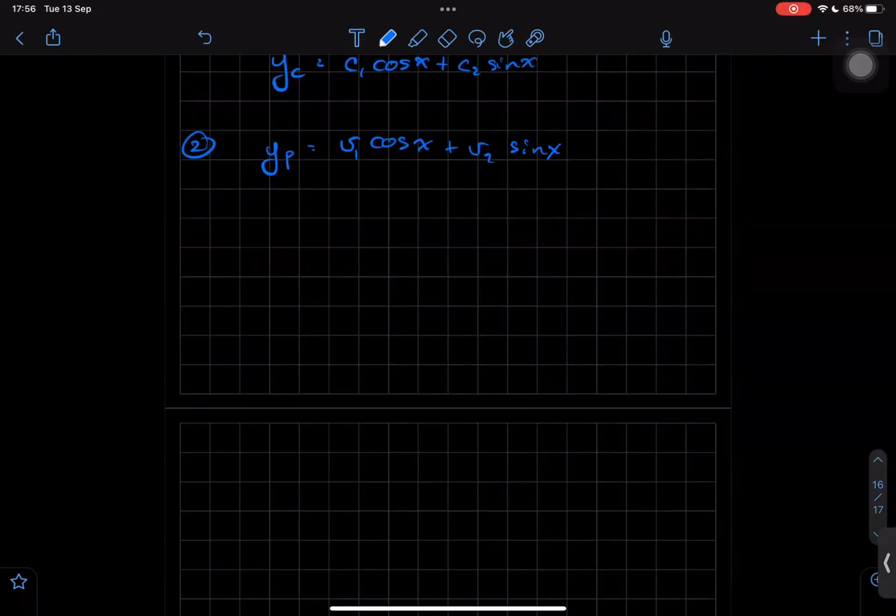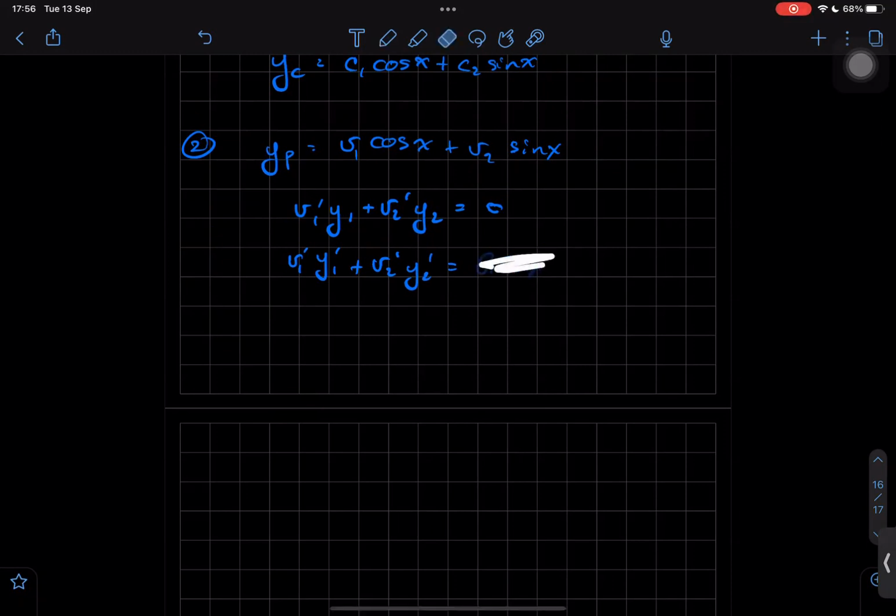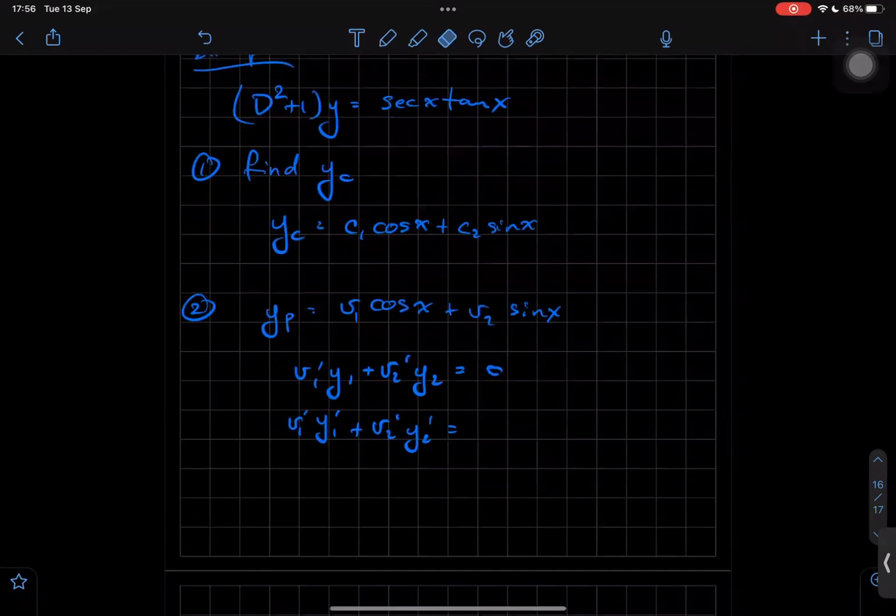One is v1 prime y1 plus v2 prime y2 equal to 0. This is one system of equations. Another is v1 prime y1 prime plus v2 prime y2 prime equal to g of x. In this case, g of x is sec x tan x.